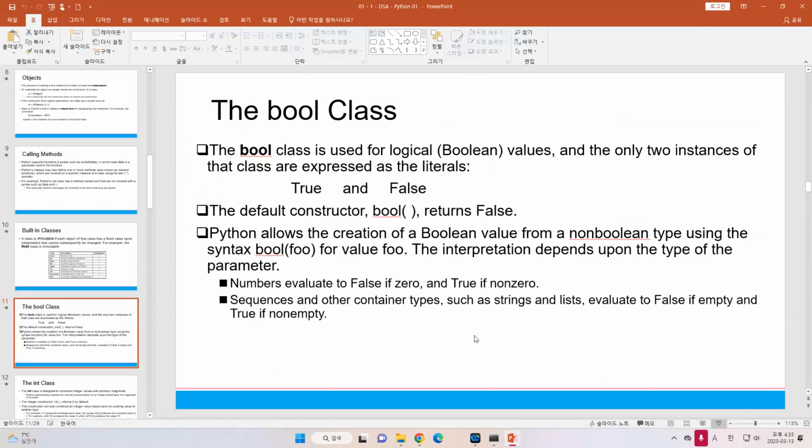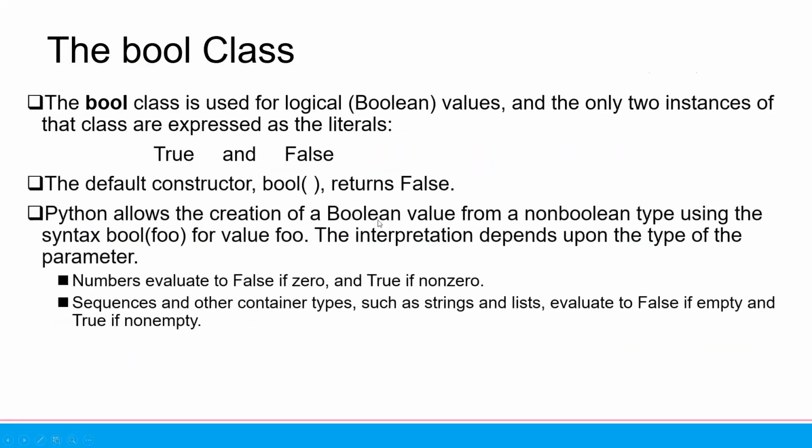Python allows the creation of a Boolean value from a non-Boolean type using the syntax bool(foo). The interpretation depends upon the type of the parameter. Numbers evaluate to false if 0 and true if non-zero.